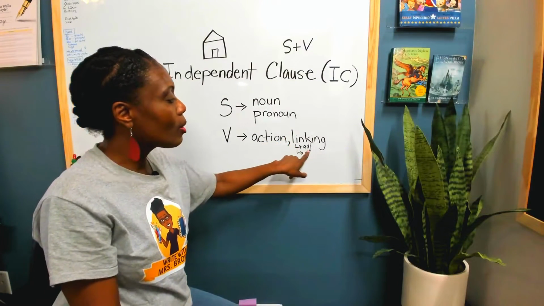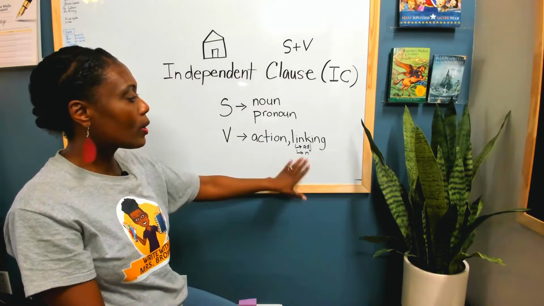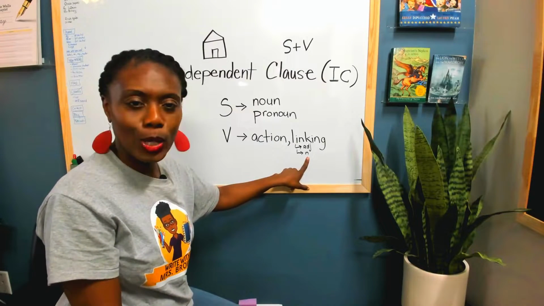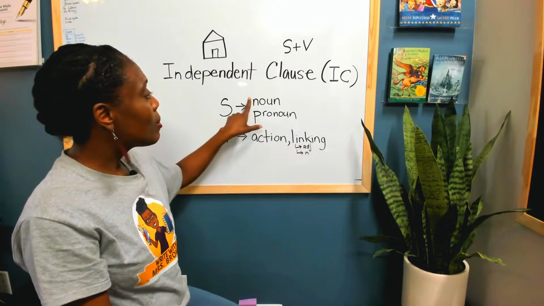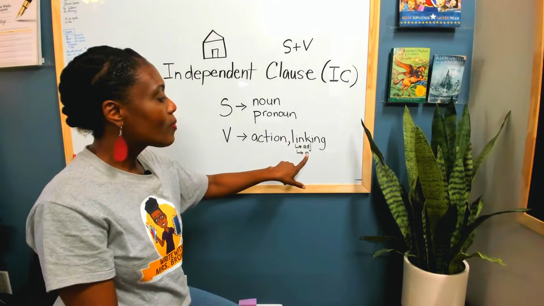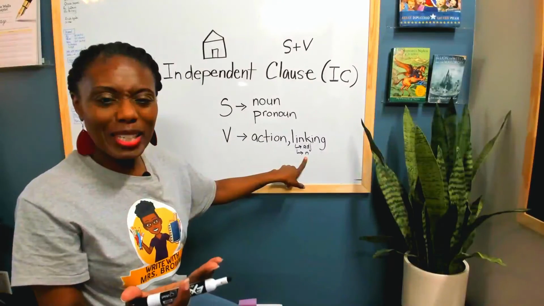Is is my linking verb. Happy is describing me. Let me give you an example where the linking verb is linking me, Mrs. Brown, to a noun that renames me. Mrs. Brown is a teacher. See? Easy peasy.